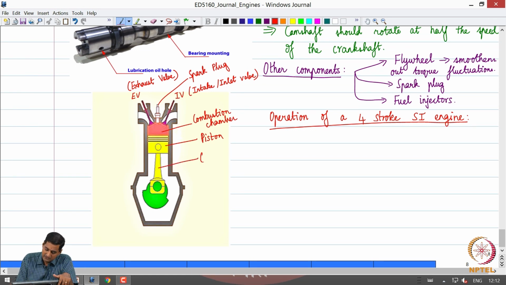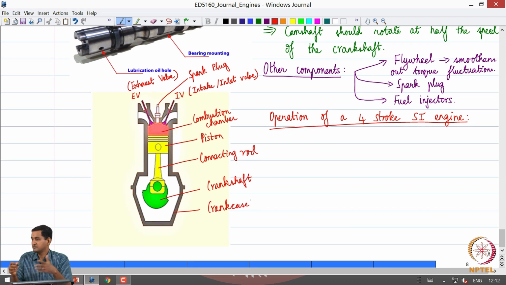This is the connecting rod. This element is the crankshaft. This is the crankcase. So, these are the typical elements in a 4-stroke spark ignition engine.